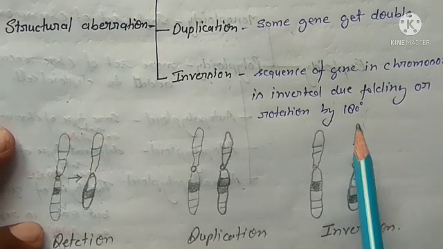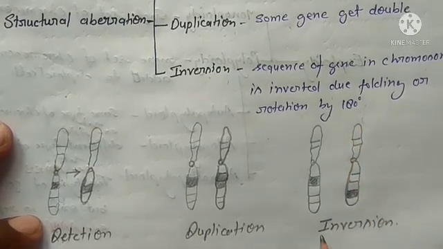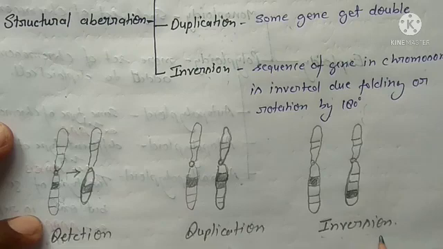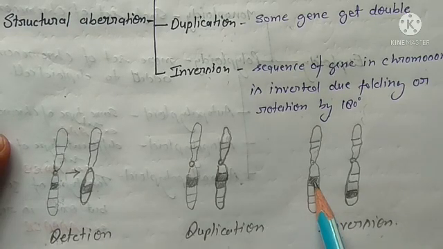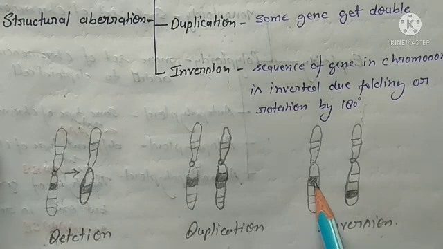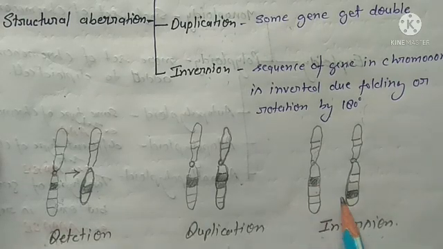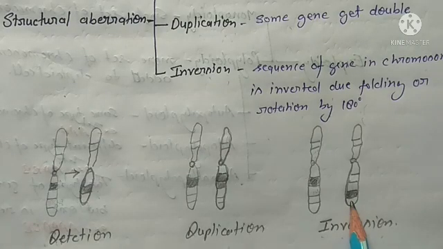Look at this place, this is an example of inversion. These are the chromatids of the chromosome, and in this place you observe this segment is inverted, meaning this portion of the chromosome comes to this place. So this type of aberration is known as inversion aberration.